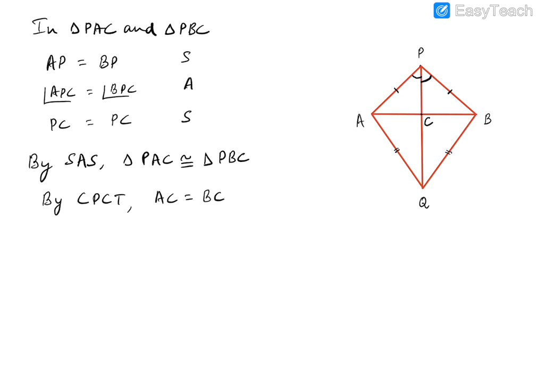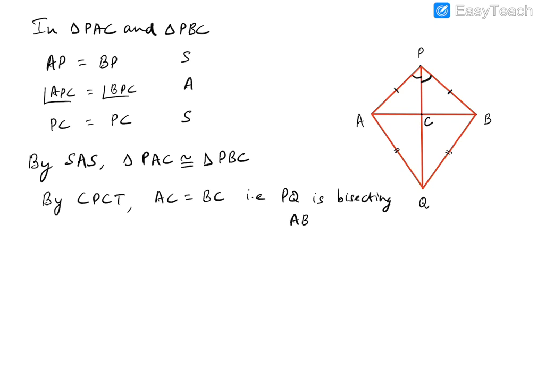So that means PQ is bisecting AB. So that is PQ is bisecting AB. Okay, we are supposed to prove that PQ is a perpendicular bisector. We have shown that it is bisector. Now we have to show that it is perpendicular.